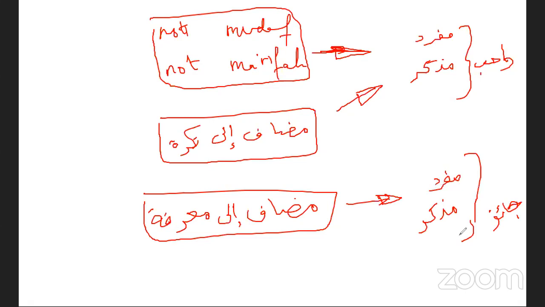But it's permissible to have it mufrad and mudhakkar. So basically this is the first situation where it's wajib to be mufrad and mudhakkar. I know that you're probably wondering where the examples are so we can understand this and apply it, and we will do that in a second, inshallah. And the second situation is that it is jaiz to be mufrad and mudhakkar.